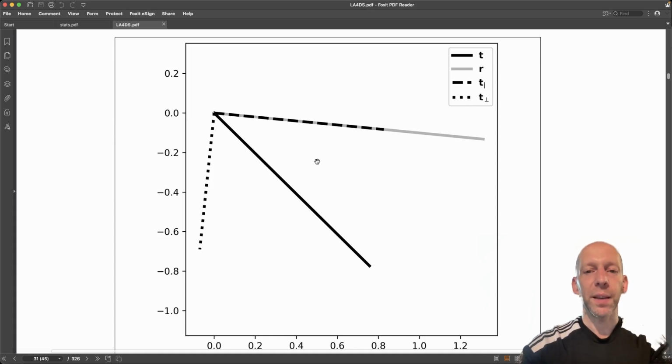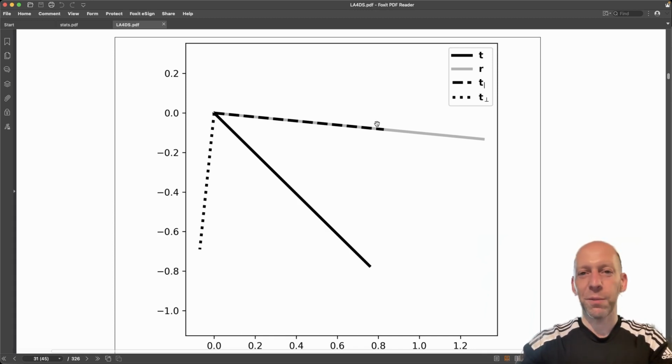The key insight to solving this problem is to see the link to orthogonal projection that I discussed in the chapter, and that we also worked on in the previous exercise. So if you take this vector t and project it onto r, that gives you this point here, which in the previous exercise I called beta a.